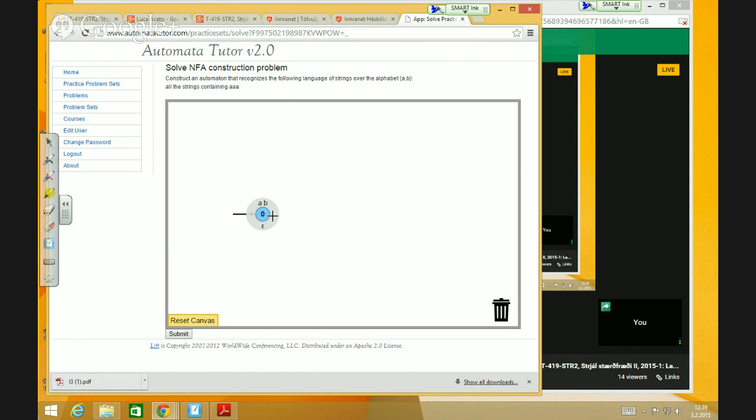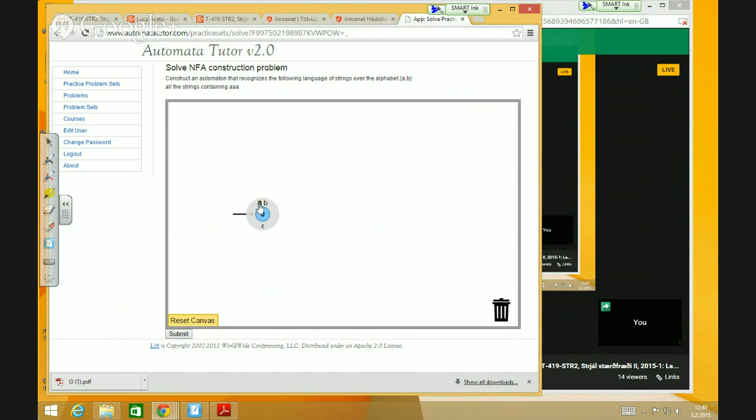At that point, we want to count 3 A's, after which anything goes. So first of all, how do we express that at the beginning, before I see the AAA, I don't care what I see? You loop on A's and B's.